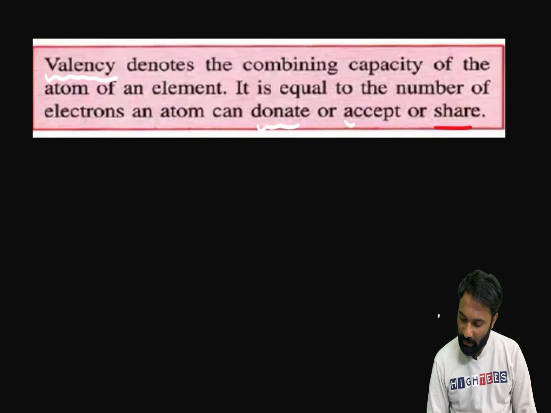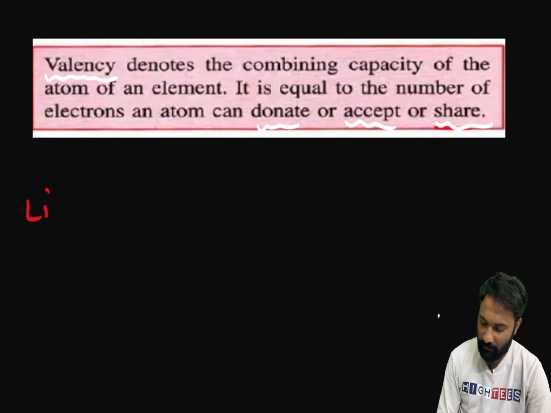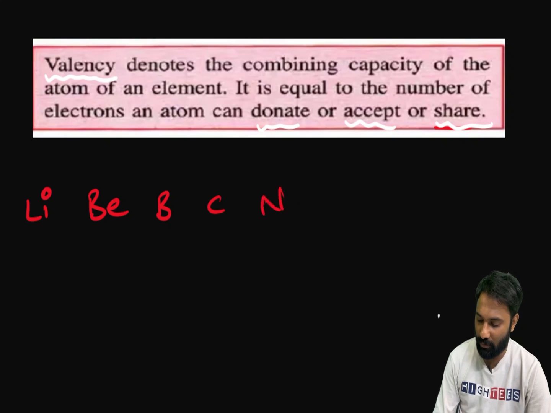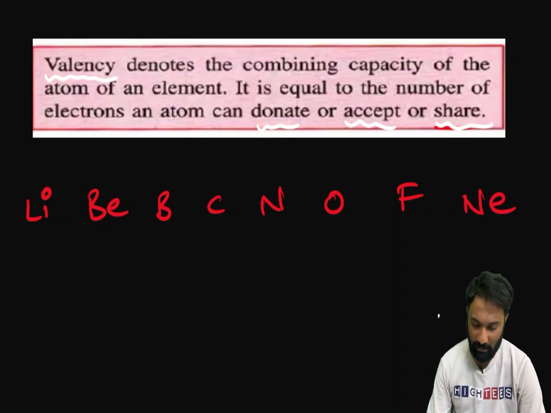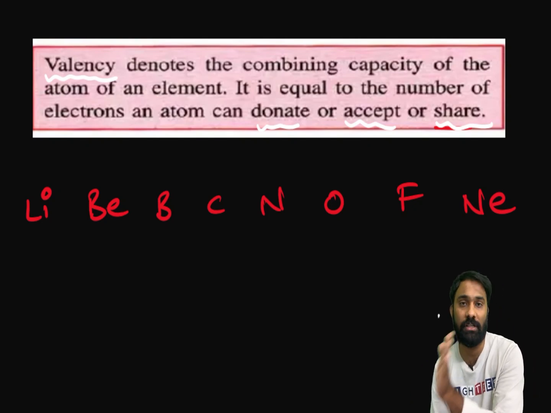Which can donate, or which can accept, or which can share is known as valency. Better we go with the second period elements: lithium, beryllium, boron, carbon, nitrogen, oxygen, fluorine and neon. Clear? These are the second period elements. So if I ask what is valency? Valency means how many electrons are there in the outermost shell.